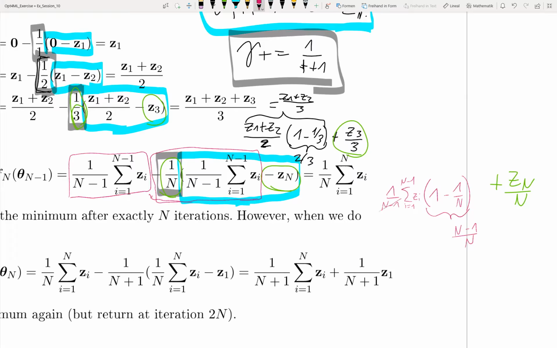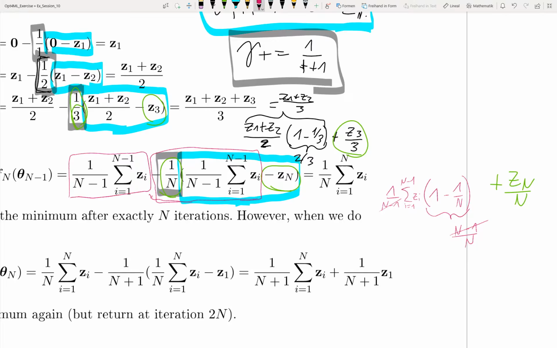But then the n minus 1 and the n minus 1 here are cancelling out, so we are left with the sum over the first n minus 1 zi's divided by n. And then we add zn over n to it, so we have the sum over all zi's divided by n at the end, which is the empirical average over the first n many data points.